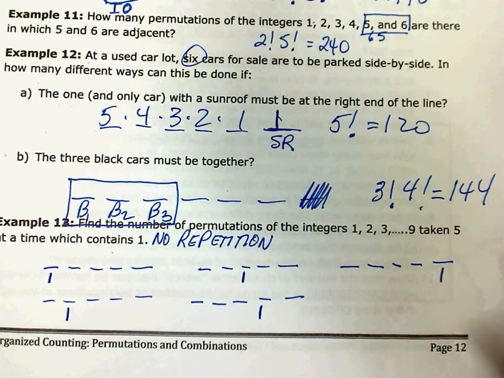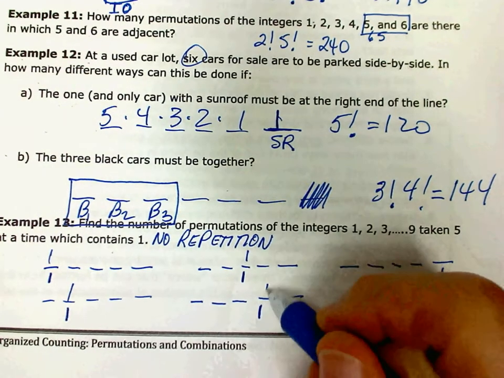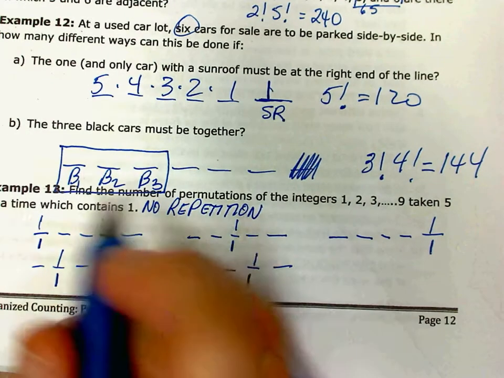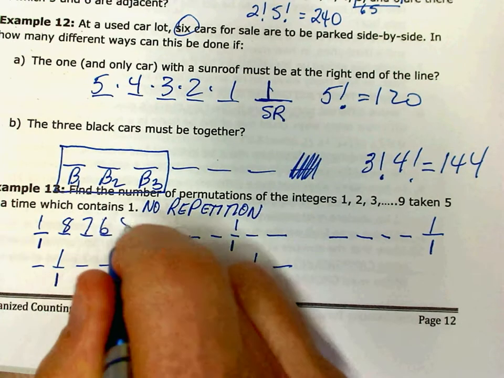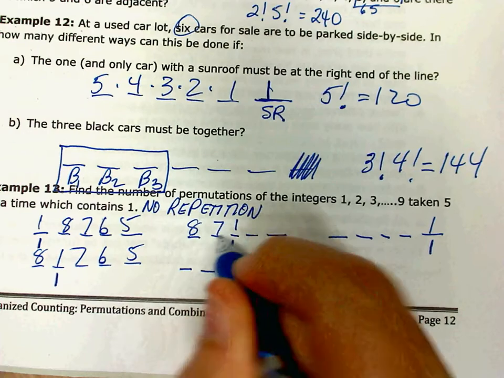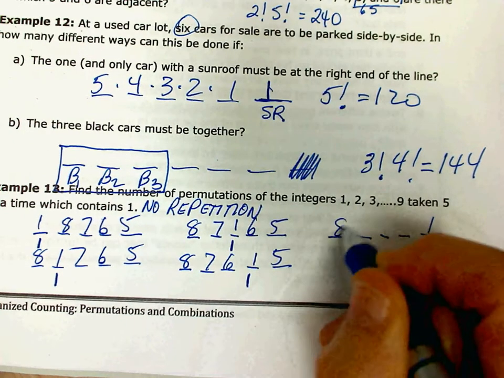One choice there, one choice there, one choice there, one choice there, one choice there. But there's 8 numbers left. So it could be 8, 7, 6, 5 for the remaining spots in each case.